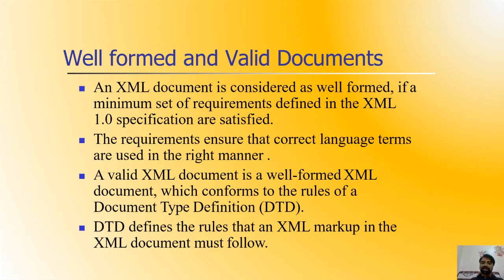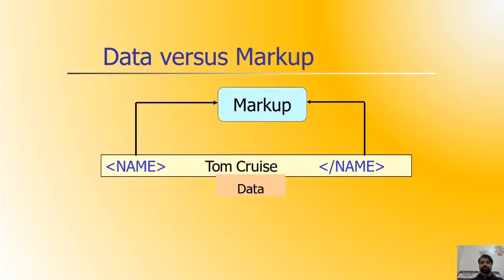A valid XML document is a well-formed XML document which conforms to the rules of the DTD, the document type definition. The DTD defines the rules that the XML markup in the document must follow. Data versus markup: the name tag is the markup, and Tom Cruise is the data.